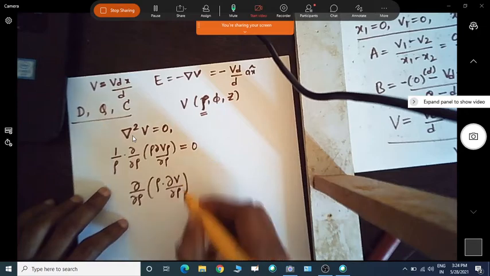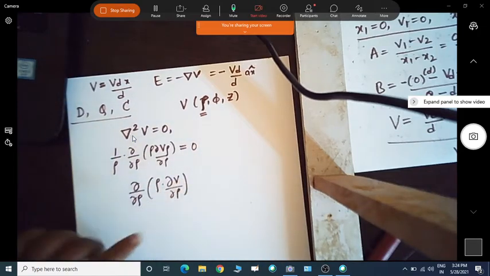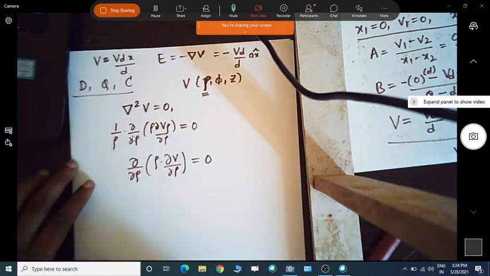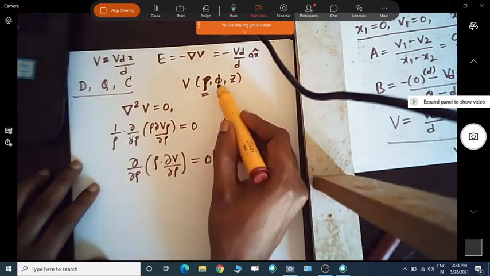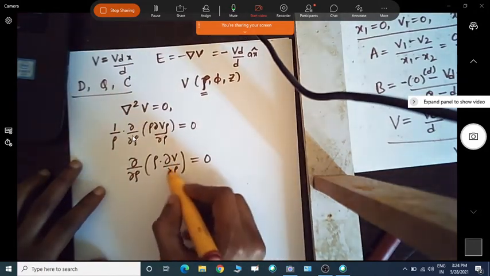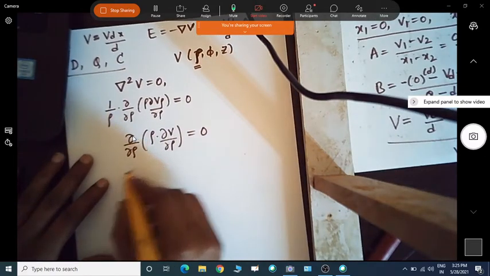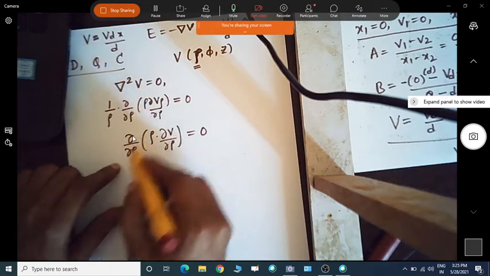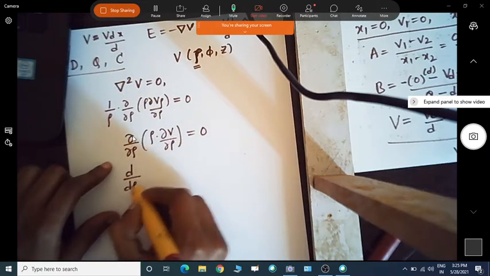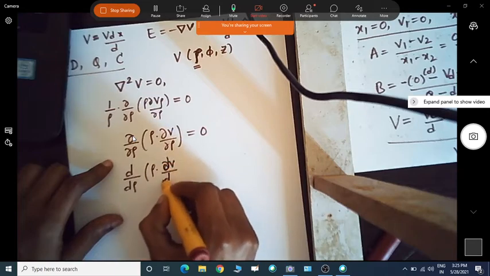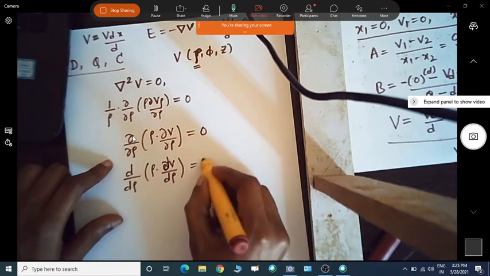Since V is a function of only one dimension, rho, and not a function of phi and z, we can replace the partial derivative with an ordinary derivative. So we write d by d rho of rho into dV by d rho, which is equal to 0.